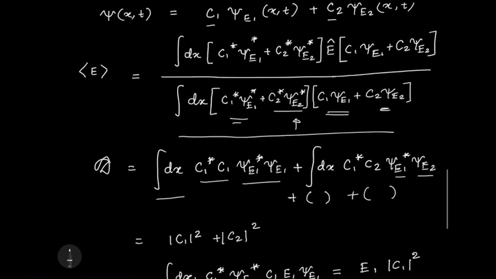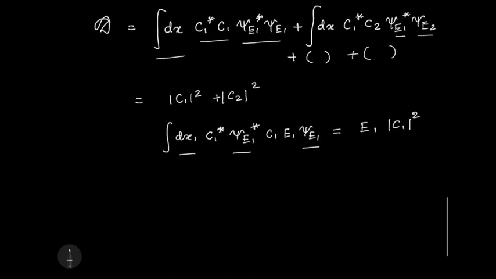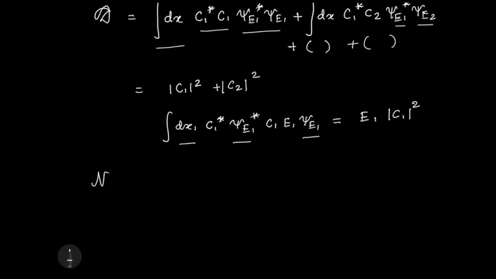Just like the denominator, if I hit E1 here and E2 here, or E2 here and E1 here, both of these terms will be 0. So the numerator, you can now try to work out yourself, will be E1 mod C1 square plus E2 mod C2 square.